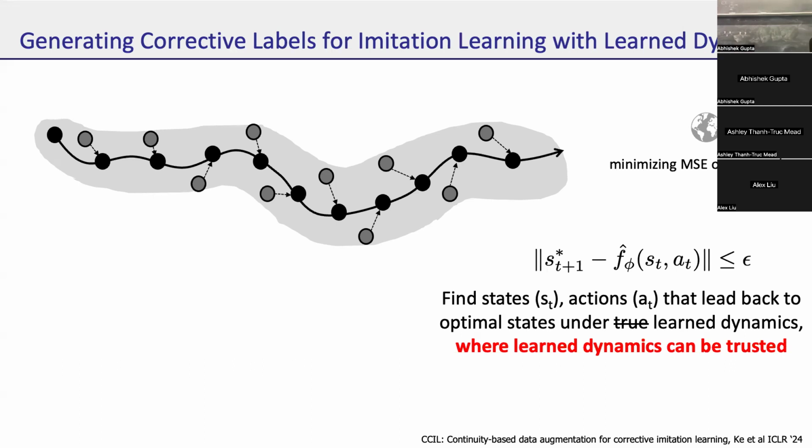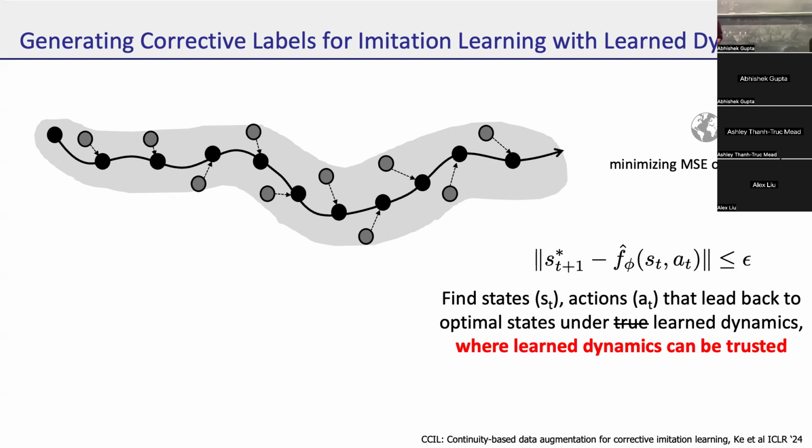You take this expert data and learn a dynamics model of how the world transitions. The problem is that that dynamics model is only good on expert data. I trained it on expert data, so why would it be good anywhere else? This paradigm works well if this F is accurate. It doesn't work well if this F is inaccurate.